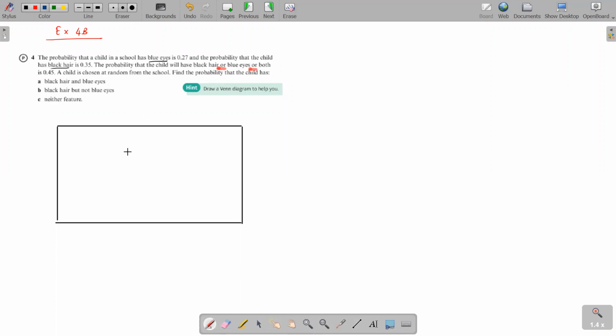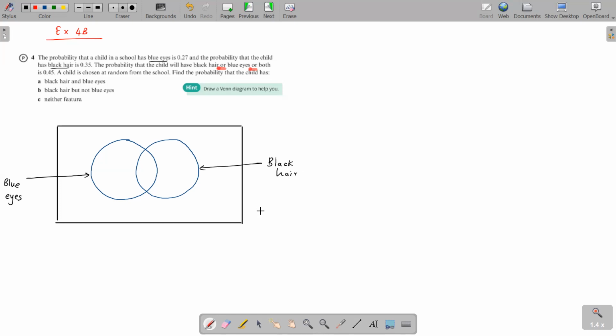Okay, so we'll draw two circles representing that. So one circle is going to be about blue eyes. The other one is going to be about black hair. So we'll name this. This is blue eyes. And this is black hair.